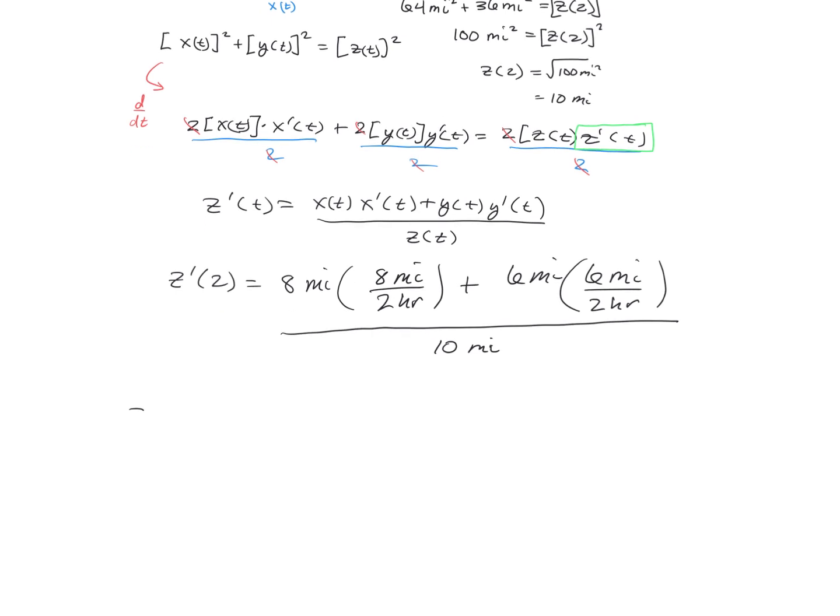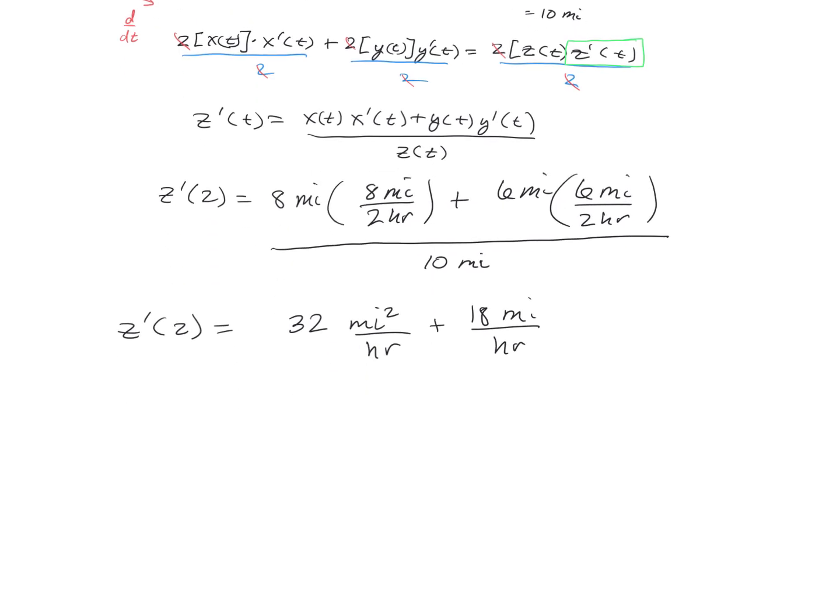So now we can calculate z prime of 2, and that's going to be 8 times 4, which is 32 square miles per hour. And then we're going to have our 6 times 3, which is 18 square miles per hour, divided by a total of 10 miles.